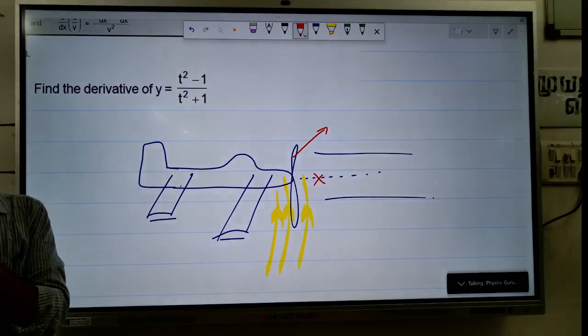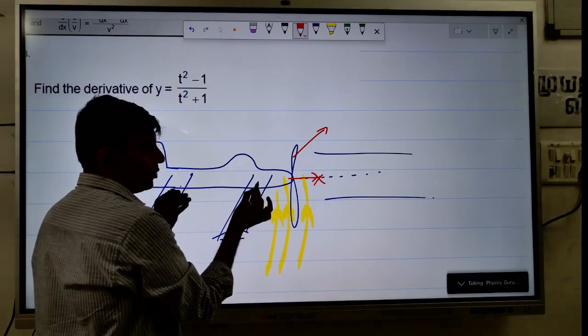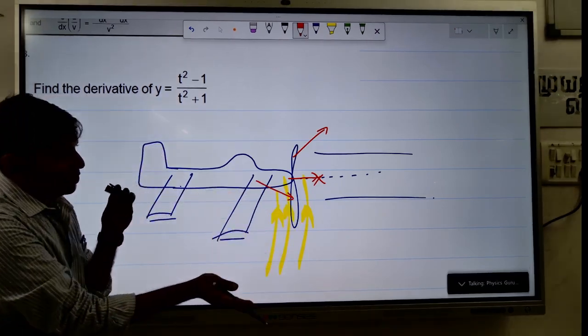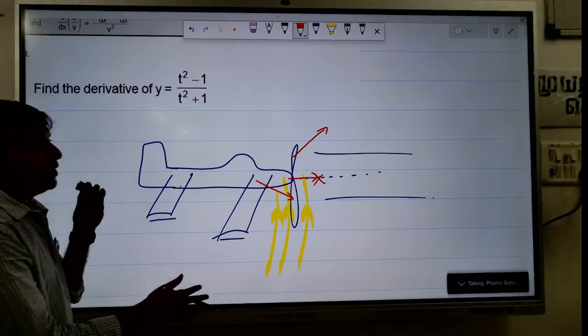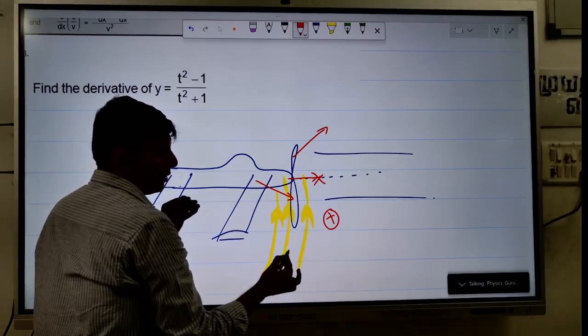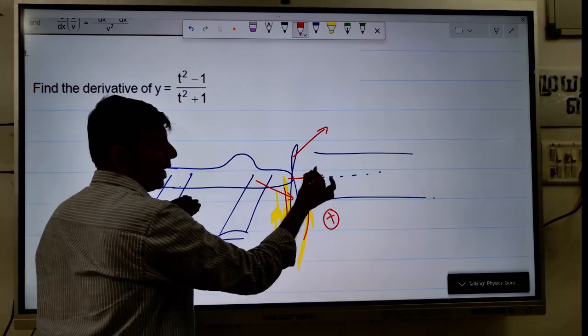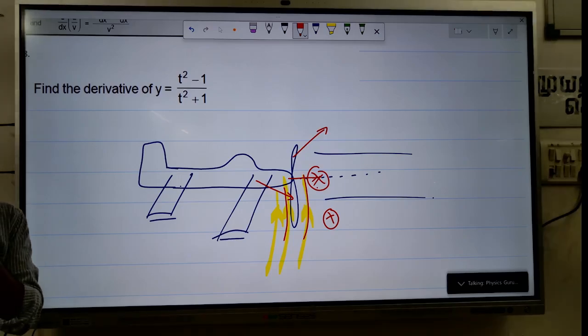So what should I do? Instead of facing the runway, I have to keep a slight deviation against the wind, so that the wind pushes me, and if I aim for this part, after the wind pushes me, I will land here. Am I right? We call it offset.